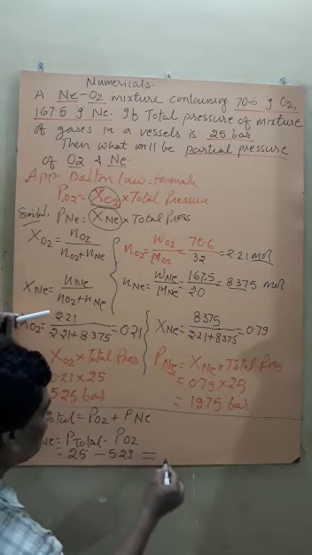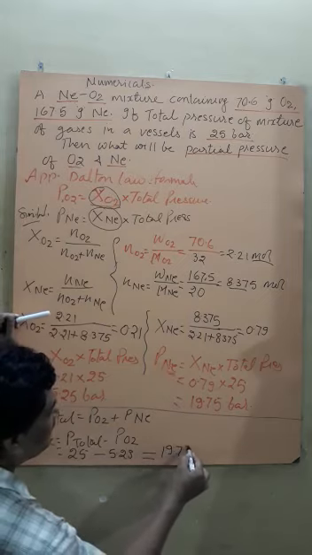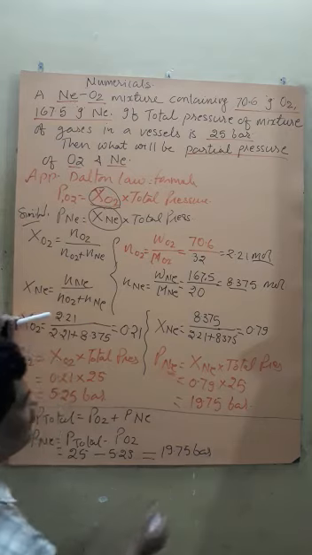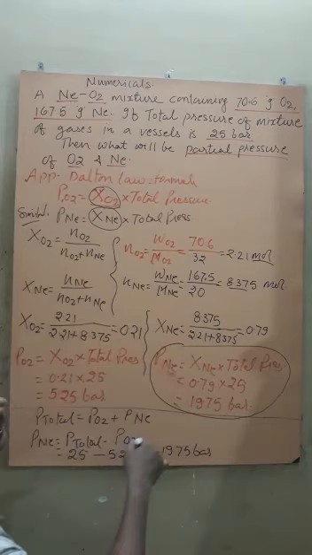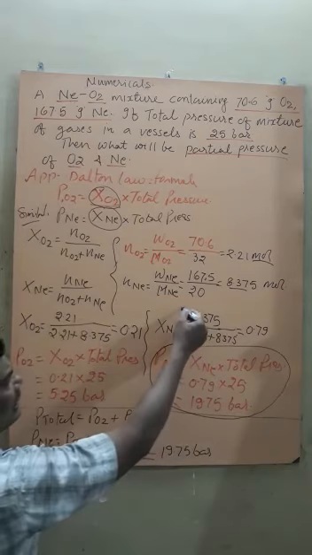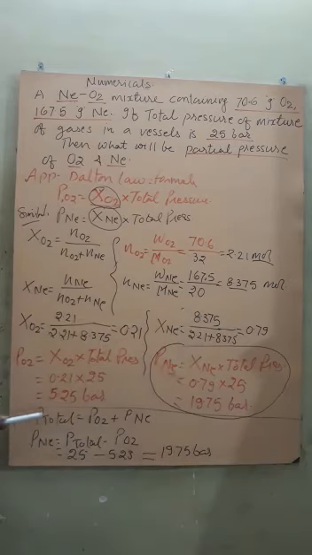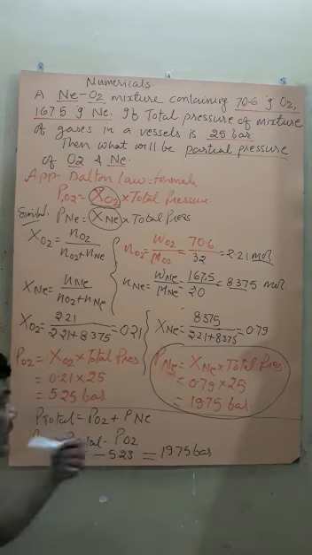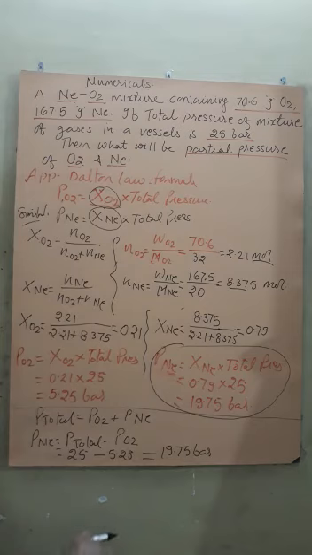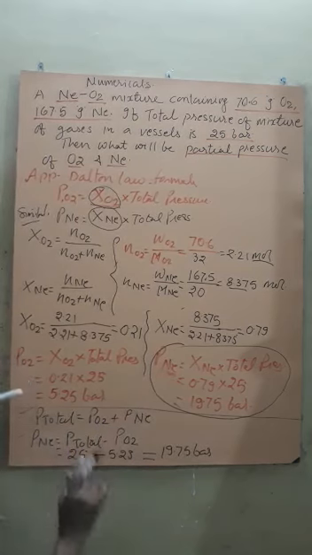So you will again get the answer 19.75 bar. So besides using this formula and solving all these things, you can directly place the values here, because there are only two gases. If there are more than two gases, then we have to find the partial pressure of the second gas, then we can find the partial pressure of the third gas using the formula. But since there are only two gases, you can use this formula.